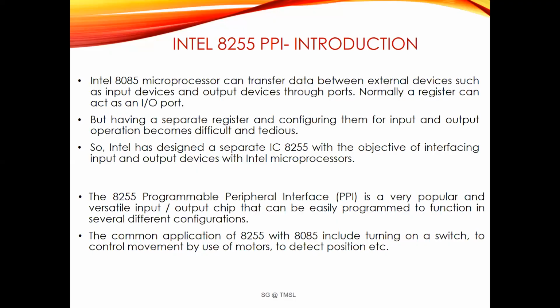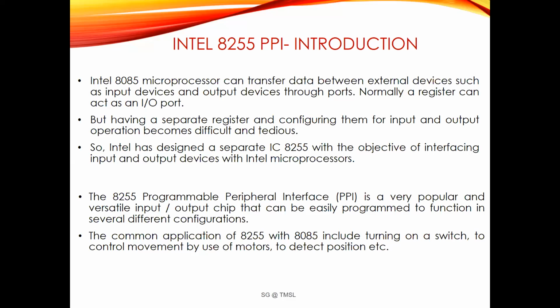Okay, so Intel 8255 programmable peripheral interface, why is it needed? Because it can be used to transfer data between external devices such as input and output devices through different ports with the 8085 microprocessor. Normally a register can access an IO port.